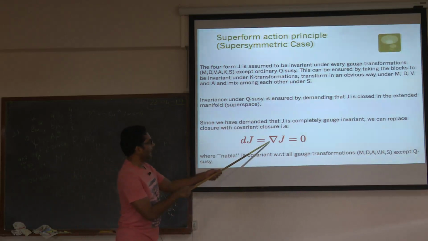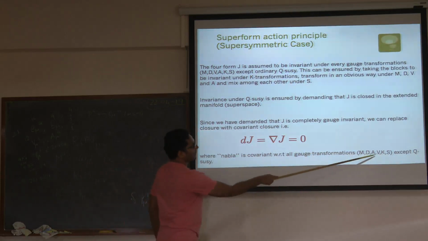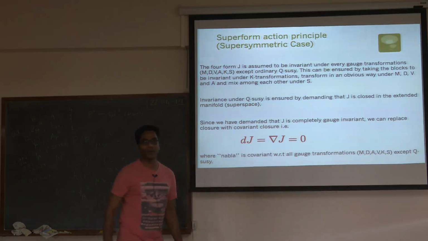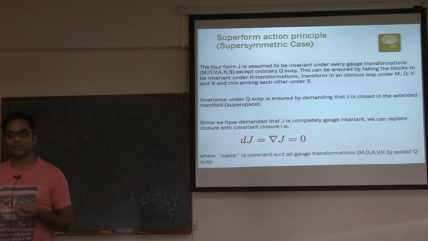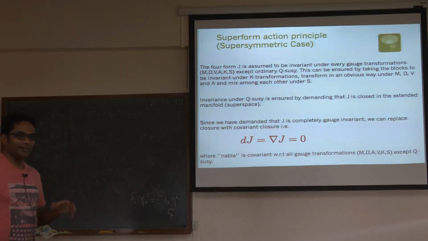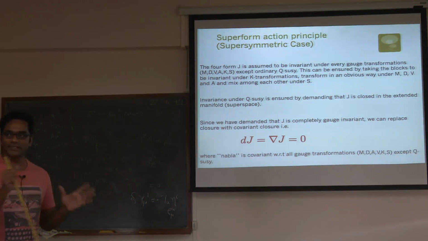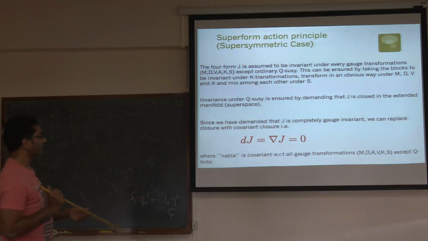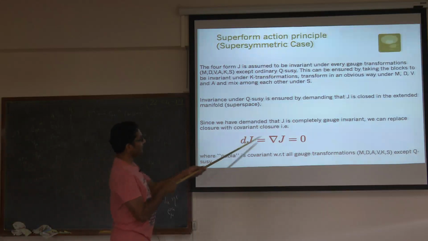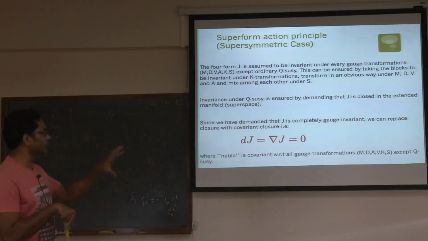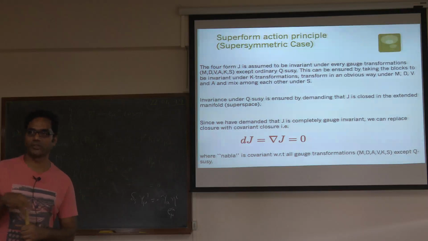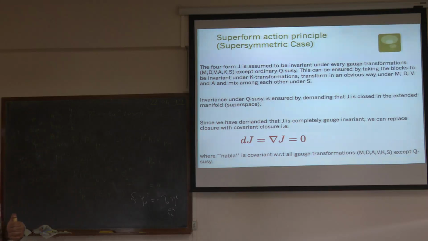So the nabla is nothing but covariantization under these transformations: local Lorentz, dilatation, U(1) R symmetry, SU(2) R symmetry, special conformal, and S supersymmetry. Since by construction J is invariant under these transformations, the closure is the same as covariant closure. Covariant closure is easy to implement, that is why we use it.